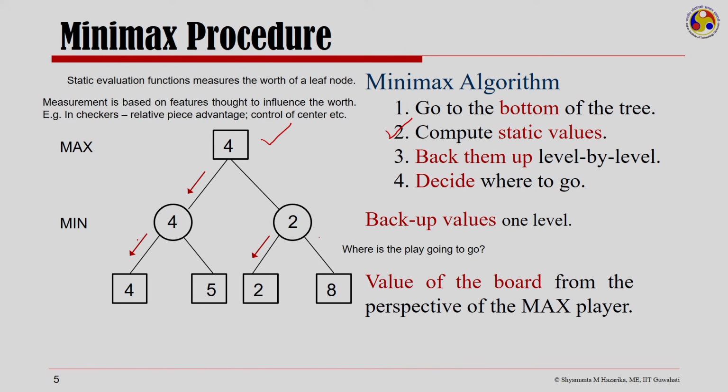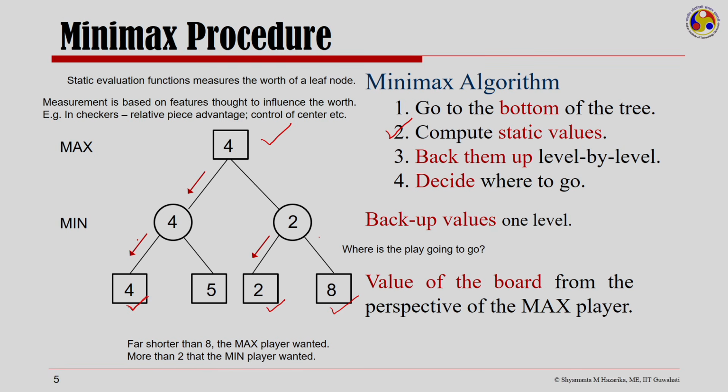Another thing that needs to be noticed at this point of time is that we have 8 here, which is the maximum value possible, and ideally Max would have loved to arrive at that node, but that was not possible. All he arrived at was the value 4. On the other hand, for Min, the minimum value that was possible in this small game tree was 2, whereas he was only able to arrive at 4 and not go below that.